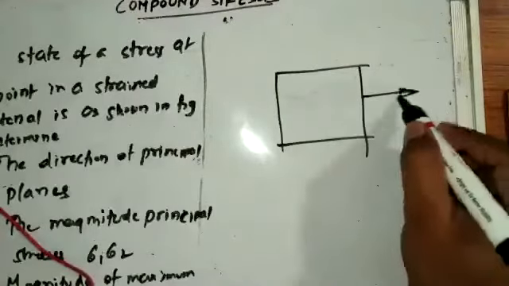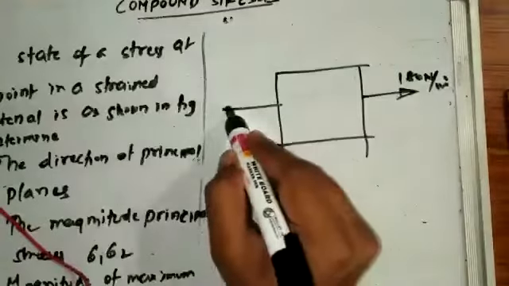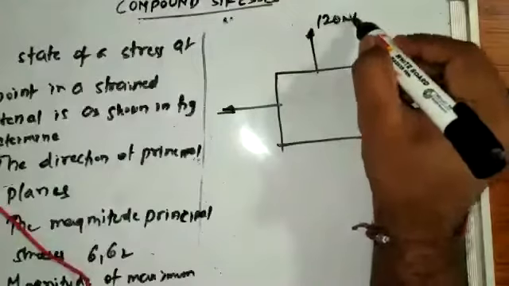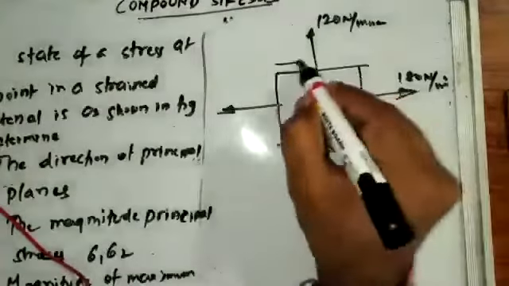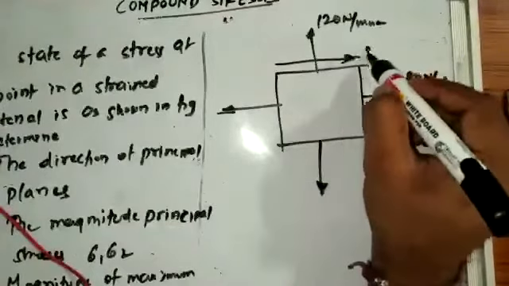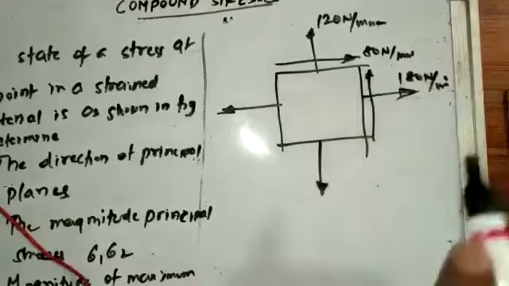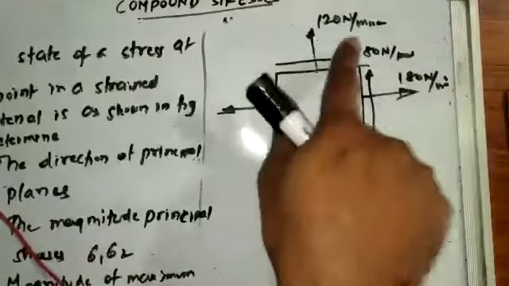So shear is there now. 180 Newton per millimeter square is like this. One more tensile force in y direction, because tensile stress will be there, and another is shear. Three components are there: tensile along x and y, also shear.